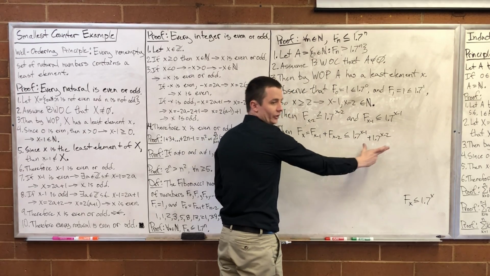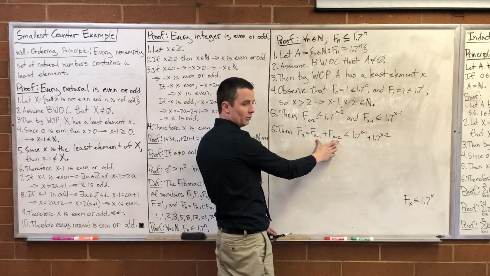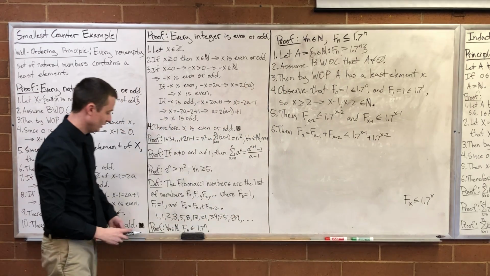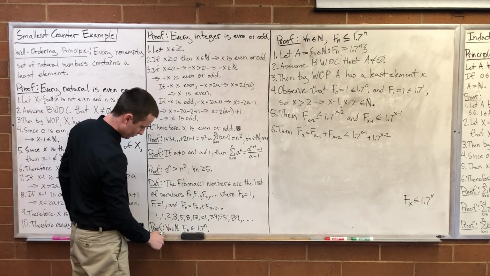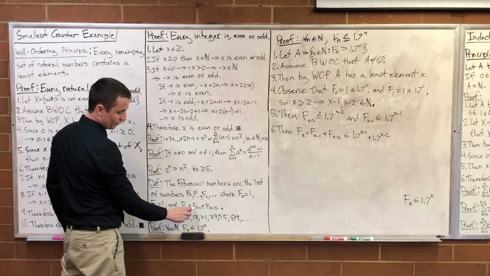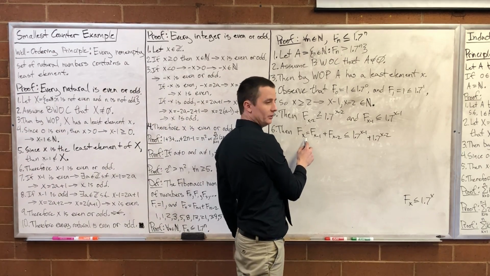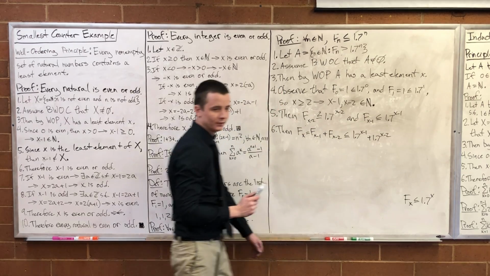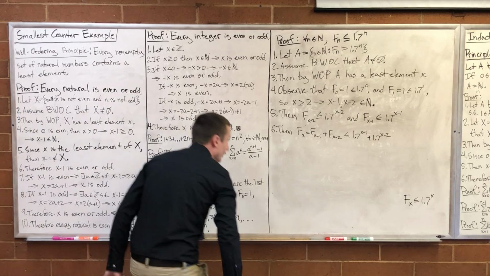So the sum of these two is less than or equal to the sum of these two. And f sub x is, by definition, the sum of these two. That's what the Fibonacci sequence is. The nth term is equal to f of n minus 1 plus f of n minus 2. The xth term is equal to f of x minus 1 plus f of x minus 2. Everyone good? Okay, now for the algebra.